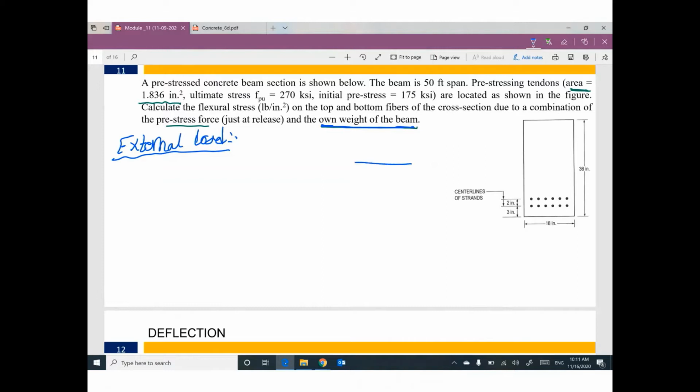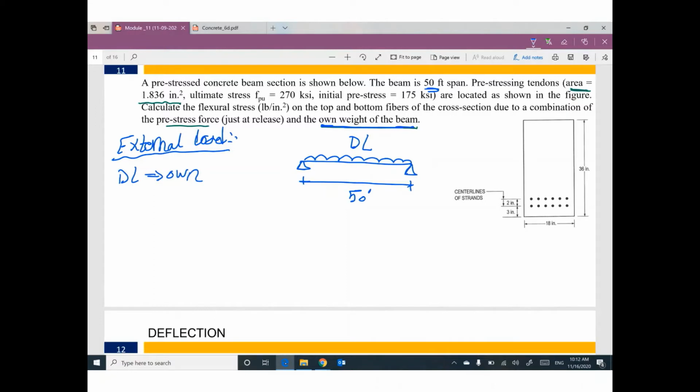So this beam is simply supported with total span equal to 50 feet. We have uniform distributed load here equal to dead load only. And the dead load in this problem equals the unweight of the beam only.